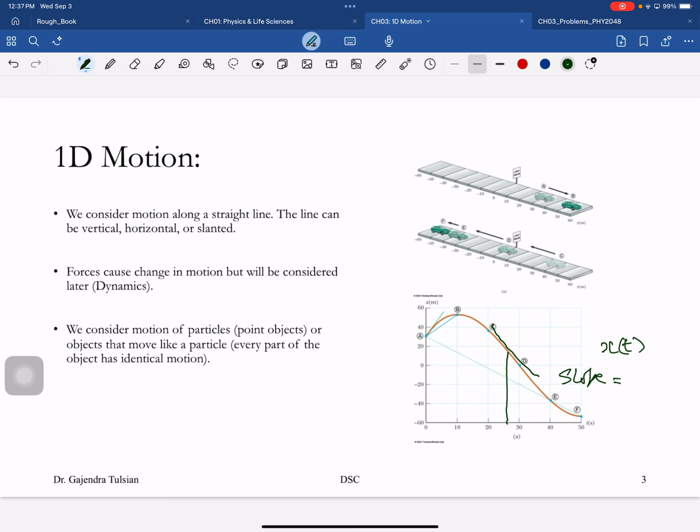And as somebody mentioned, it's the derivative of the position with respect to time.